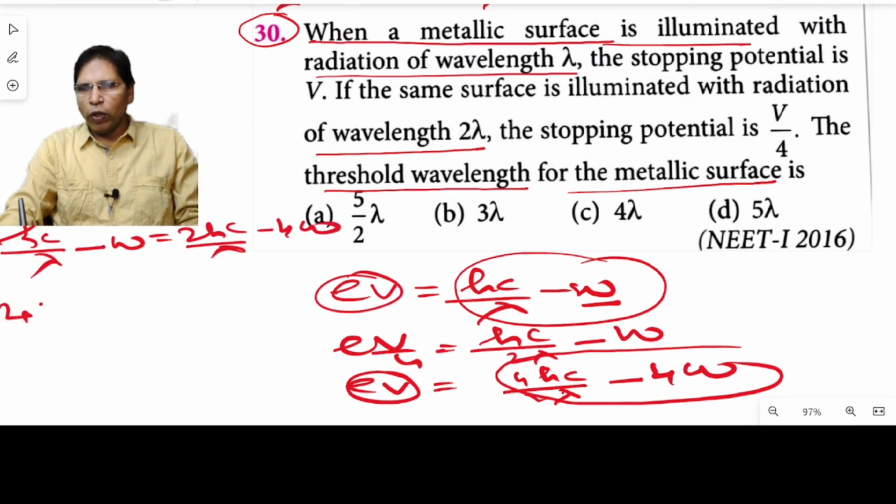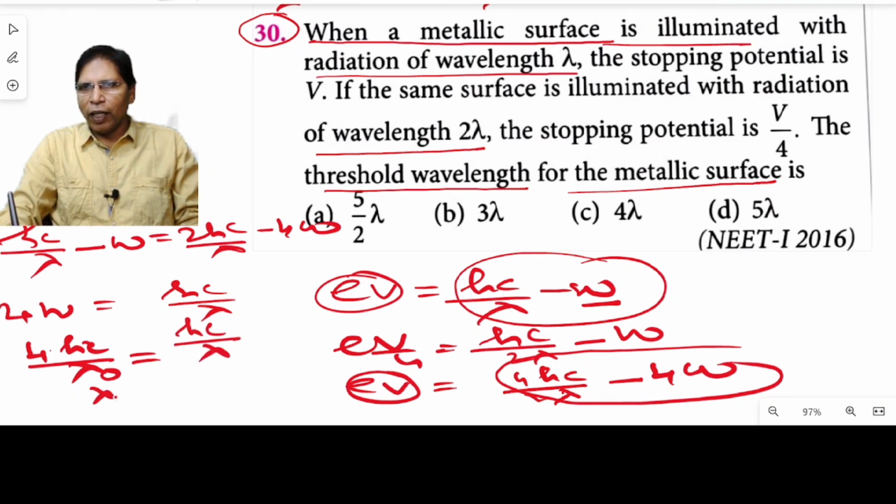So 4W equals hc by lambda, so this is 4 into hc by lambda naught, which equals hc by lambda. So lambda naught equals 4 lambda.